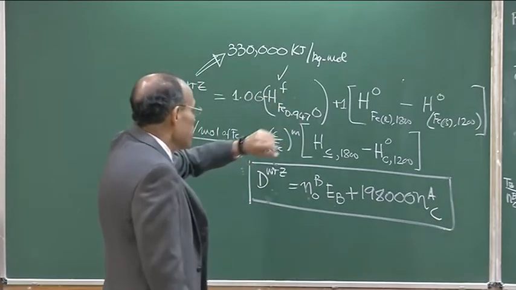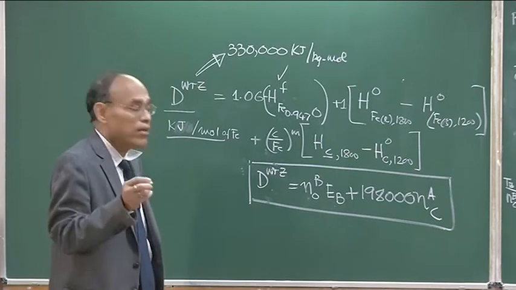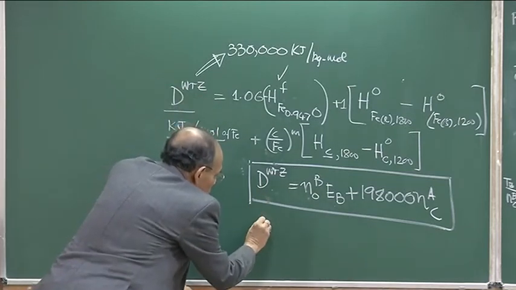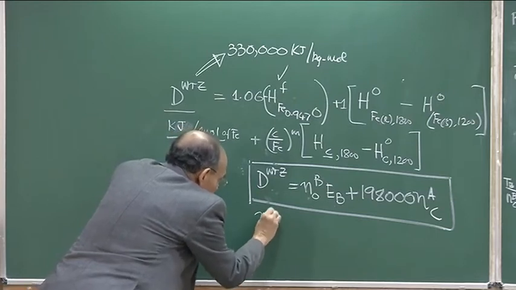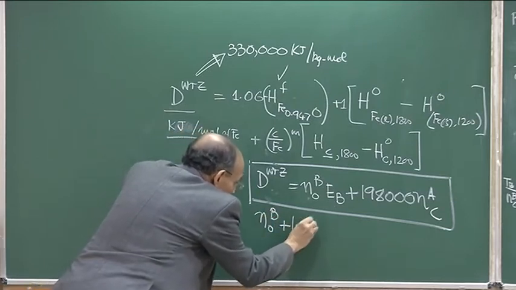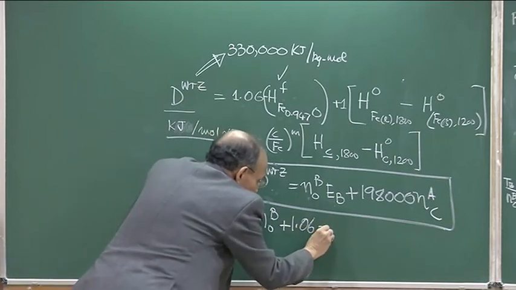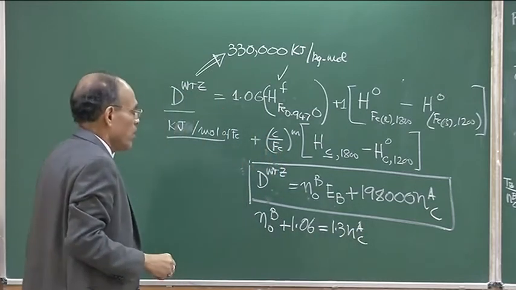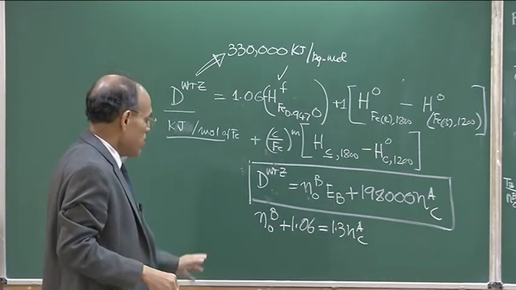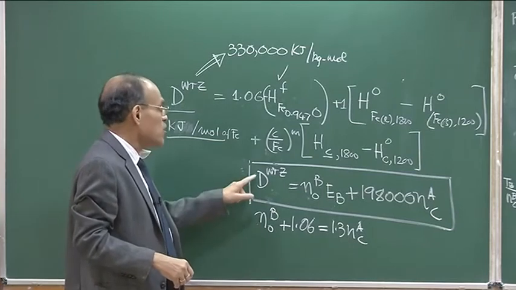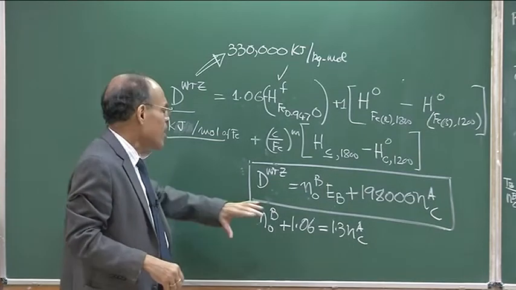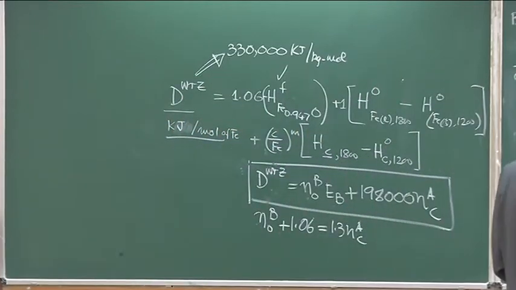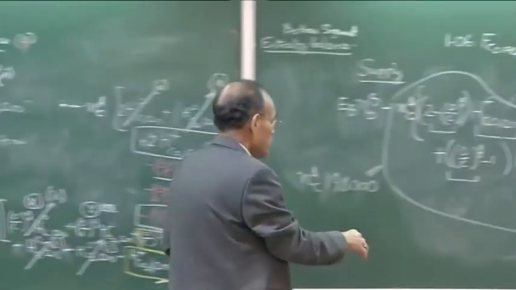Now, the last point that I want to make before I conclude today's lecture: we have, for example, the bottom segment oxygen balance equation, NOB plus 1.06 is equal to 1.3 into NSC. This equation and the enthalpy equation can be combined, because both are bottom segment equations, one oxygen balance and the other enthalpy balance.